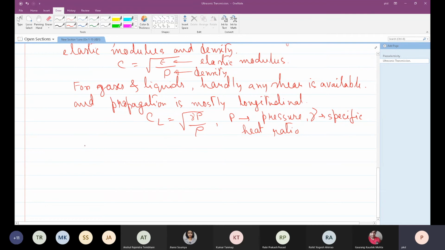In case of liquid, CL is square root of B by rho.